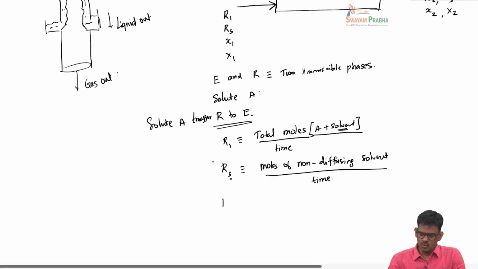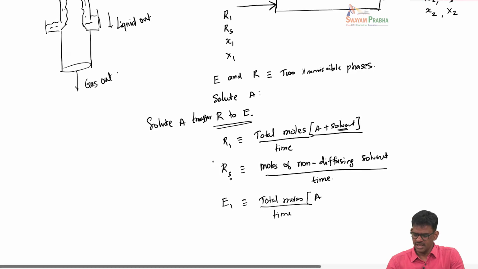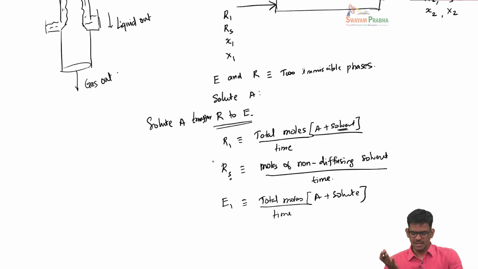Similarly, this E1 is the total moles per unit time. This also contains A plus solvent of the other phase. The solvent in the two phases need not be the same. Again, as an example, E phase can be water, and water is non-diffusing, only CO2 is diffusing.